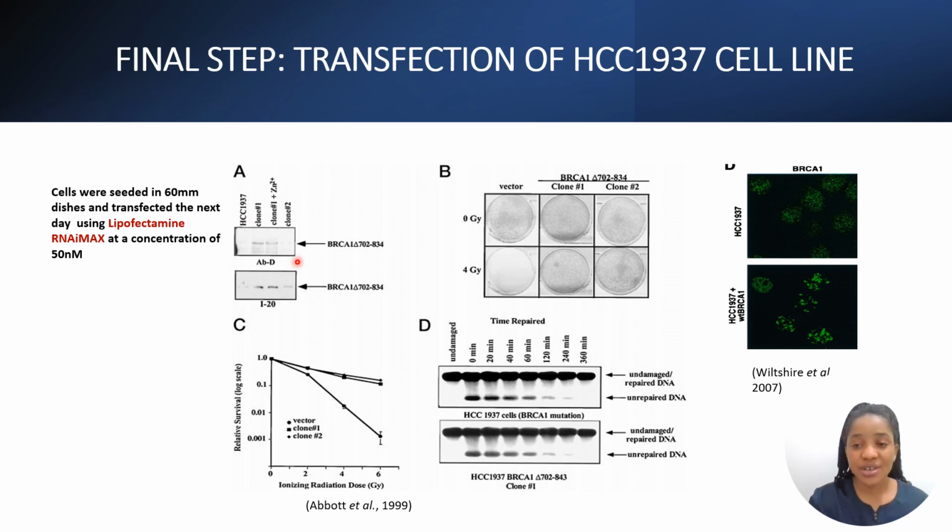And in this functional assay, we can see that our mutated cell line reveals no BRCA1 gene, while our clones revealed our BRCA1 gene.